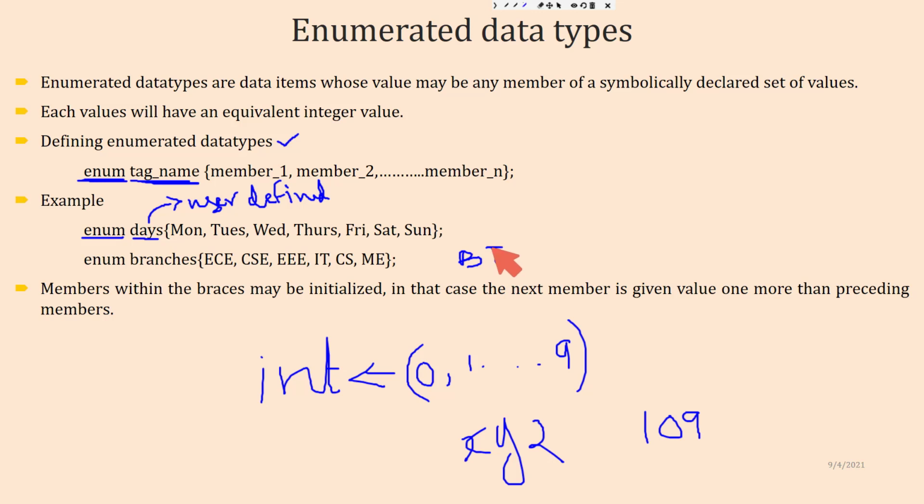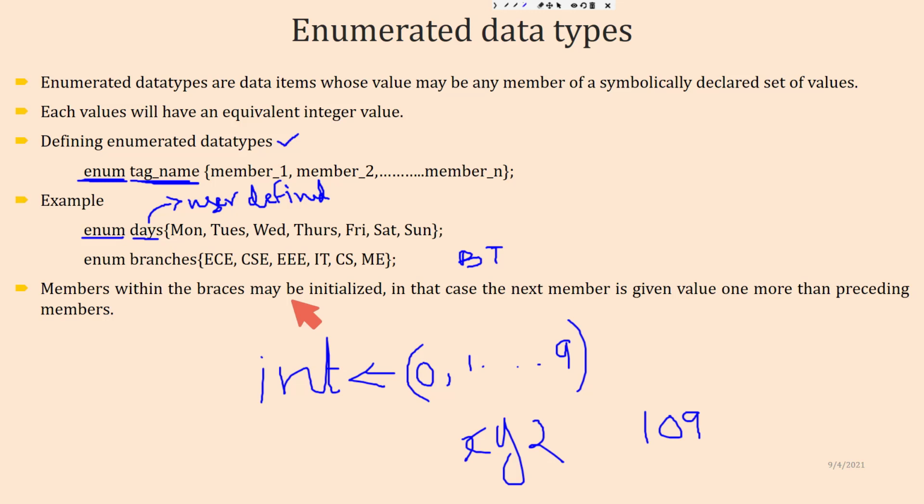If someone wants to read the branches in our college, he can't include biotechnology because it is not included in this list. I also forgot to mention civil engineering, but anyway, it is for example purpose. So branches can take the values either ECE, CSE, EEE, IT, CS or ME.